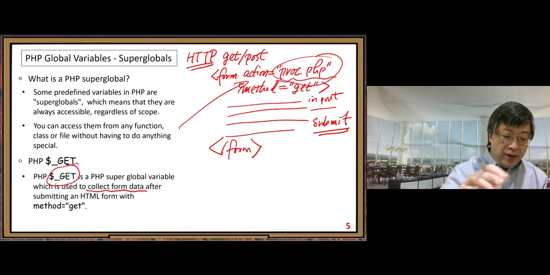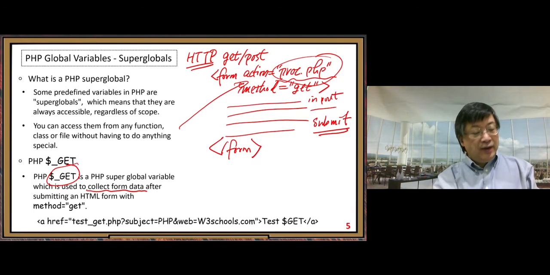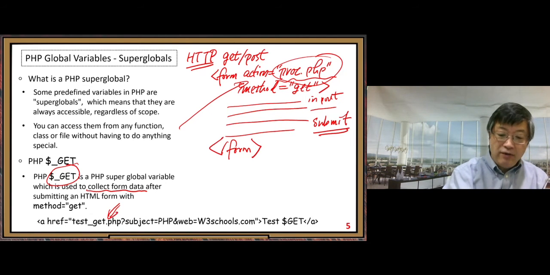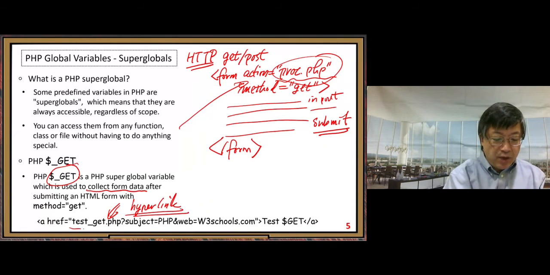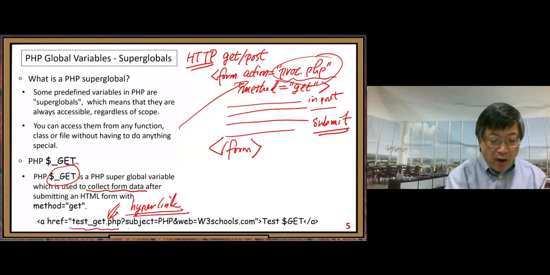Here, let me give you an example. We have a hyperlink. It's not a form. When we click the hyperlink, we send to this PHP file, but we want to attach some parameters in this way.